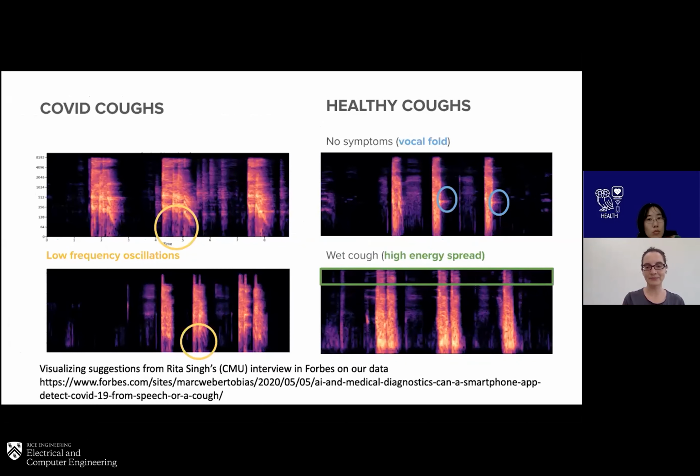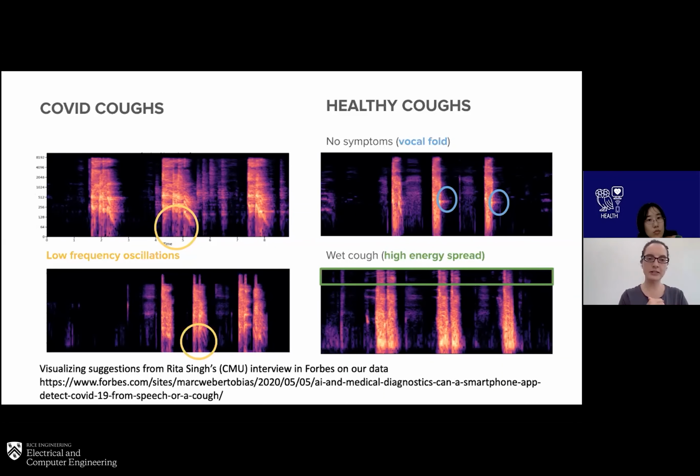If you look at the link at the bottom, Rita Singh from CMU gave an interview in Forbes about the fact that they had a tool and had studied coughs, and they thought the COVID cough had some unique features.